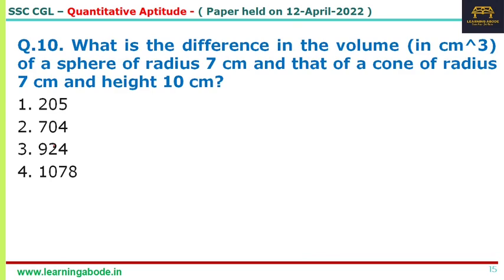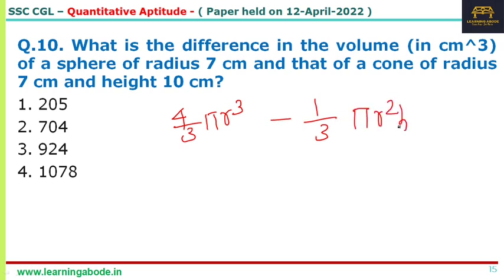Question number 10, the difference between the volume of a sphere of radius 7 and the volume of a cone of the same radius and height 10. We know the formulas. Volume of a sphere is 4 by 3 pi r cube. Volume of a cone is 1 by 3 pi r square h. If you take out what is common, 1 by 3 into pi, and the radius is the same, so we can take r square also outside, which is 7 square.